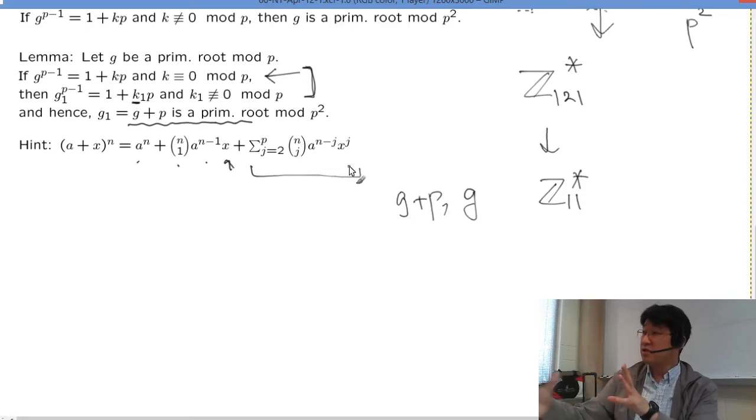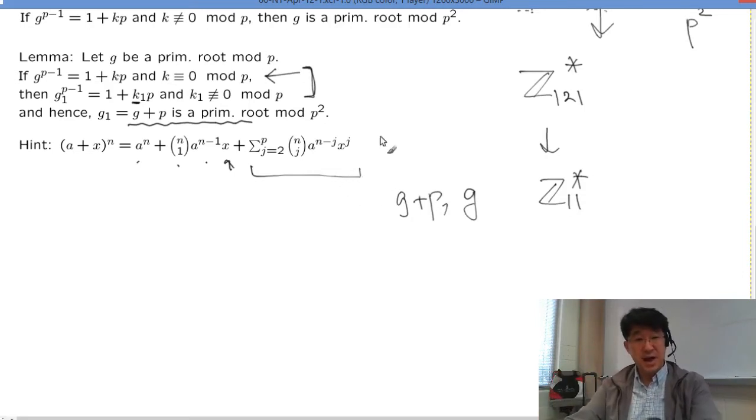In our modular arithmetic calculation, the rest has high enough power, so it's all congruent to 0 mod something, and only this matters in here. Fair enough? So let's try to prove this one, lemma.